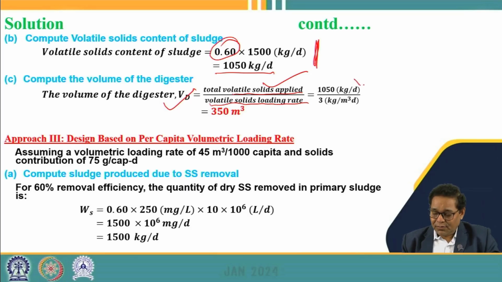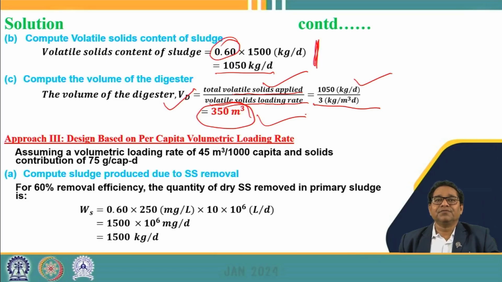The total volatile solids produced is 1050 kg per day, and dividing by the loading rate of 3 kg per meter cube per day, we get the required volume, equal to 350 meter cube.